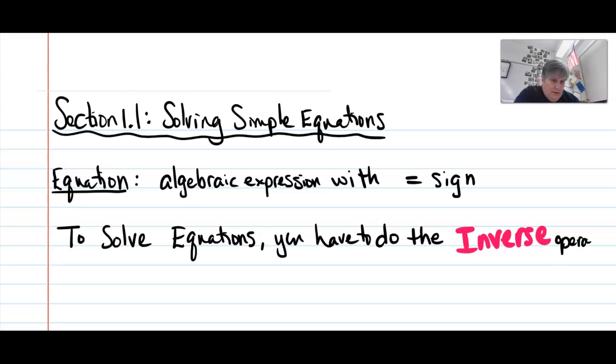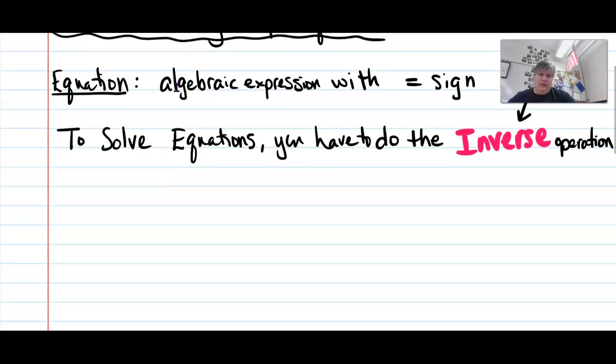And inverse is just a fancy word for opposite. So in order to get rid of something, we're going to balance it out and do the opposite of it.